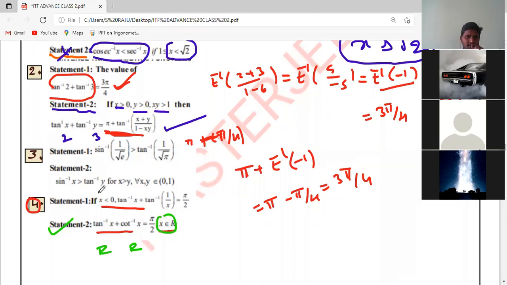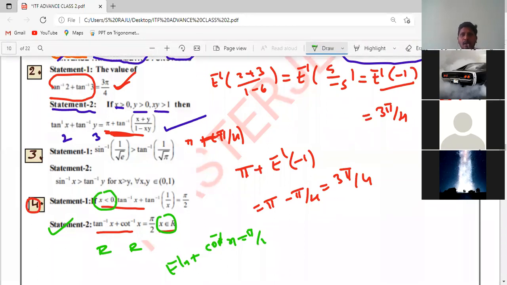But in statement 1, it is only true if tan inverse 1 by x can be written as cot inverse x. So tan inverse x plus cot inverse x is again pi by 2. But in statement 1, they have given x lesser than 0 alone. Nothing but for only negative values of x, tan inverse x plus tan inverse 1 by x is equal to pi by 2.